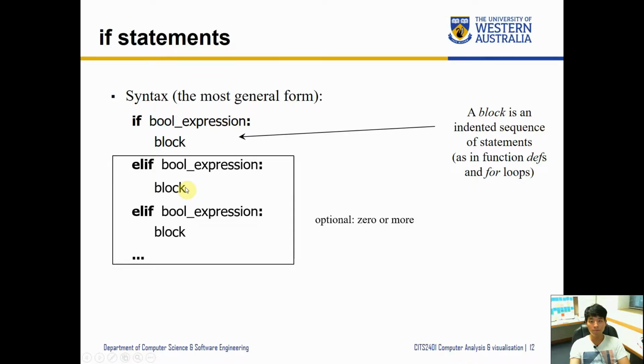And finally, if all those expressions fail, but you still have some dedicated code that you want to run, you can attach an else. Else is when all the conditions above have failed, then the else block will be executed.